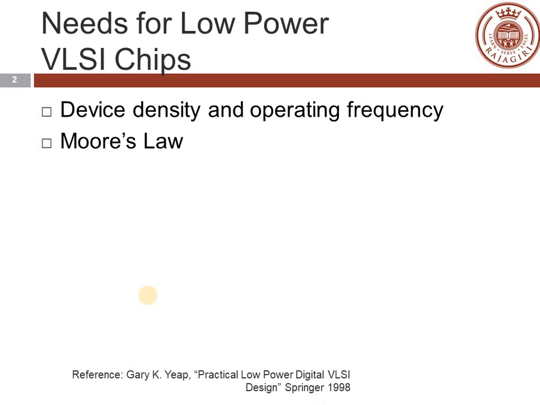Regardless of the exact numbers, everyone agrees that the growth rate is rapid with no signs of slowing down. New generations of processing technology are being developed while present generation devices are at a very safe distance from the fundamental physical limits. A need for low power VLSI chips arises from such evolution forces of integrated circuits.